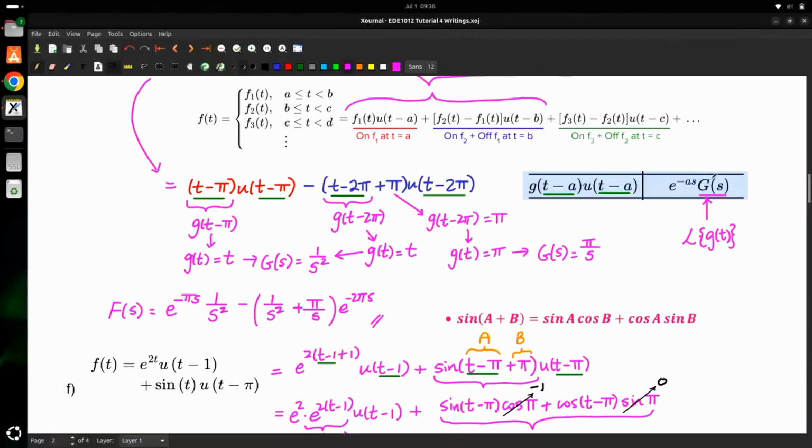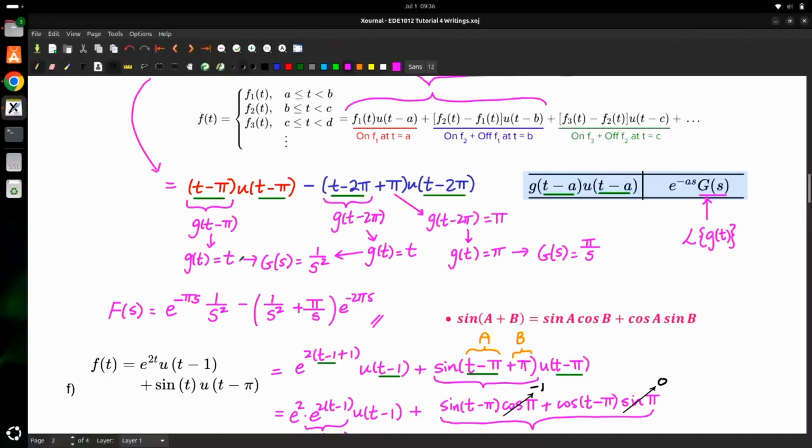Okay, so I believe maybe some of you have the same question. Why do I have to get the small g of t? How come I can just replace the g of t minus pi by t, and then find the corresponding function?